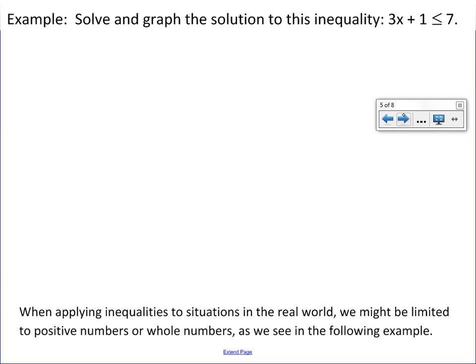It says solve and graph the solution to this inequality. So I have 3x plus 1 is less than or equal to 7. Once again, we treat the inequality symbol the exact same way that we would an equal sign. So, whenever I'm solving for a variable, I want to move everything away from that variable.